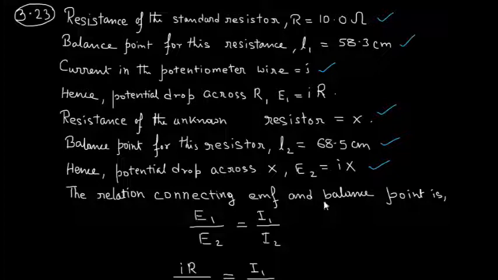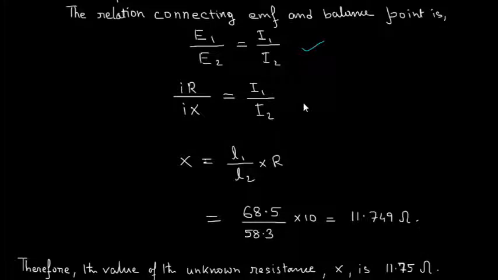The relation connecting EMF and balance point is E1 upon E2 is equal to L1 upon L2. Therefore, you can write IR upon IX is equal to L1 upon L2.